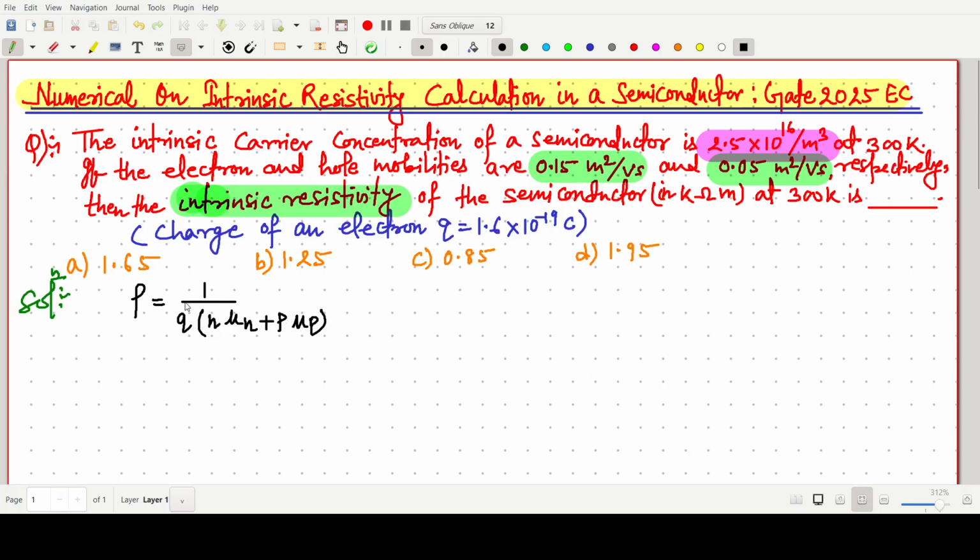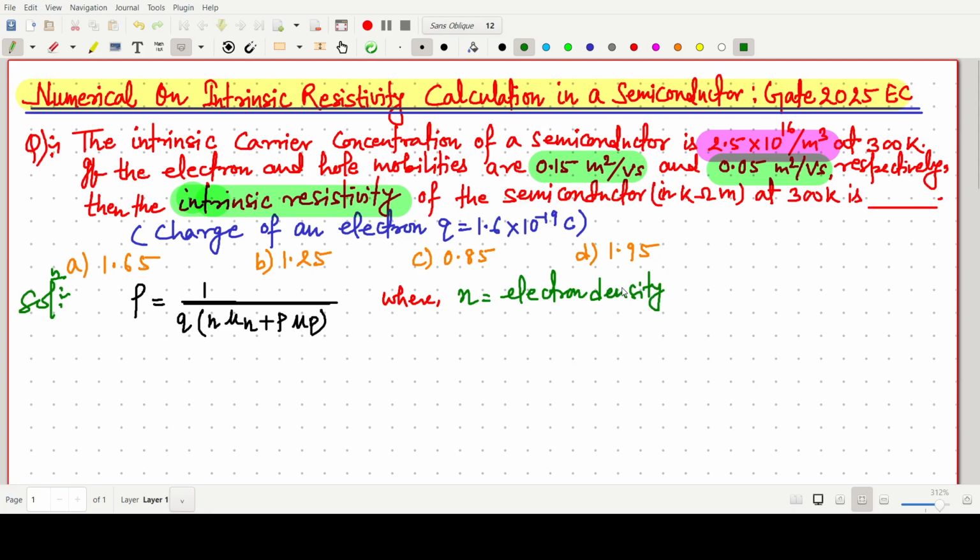This is the formula. Here q is the charge on the electron, and n is the electron density.